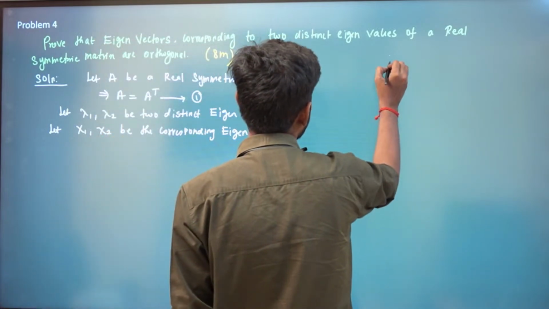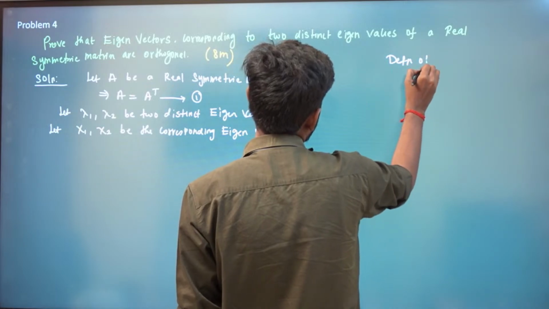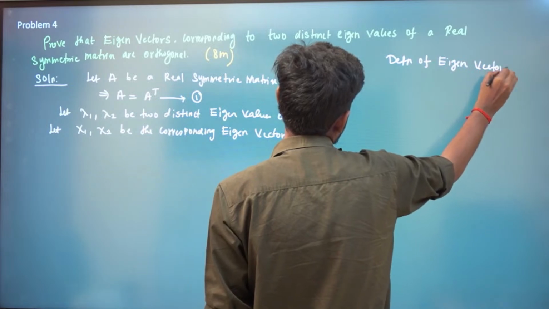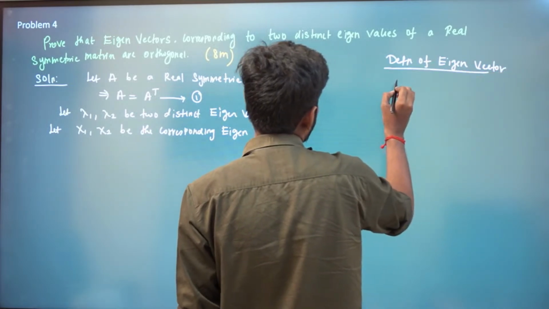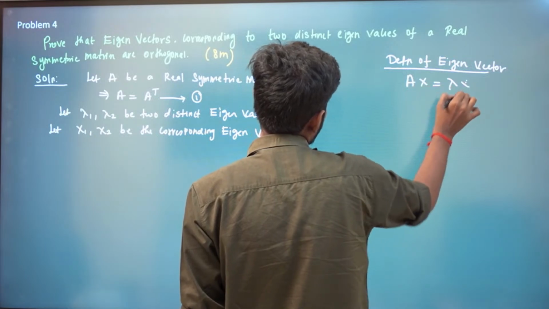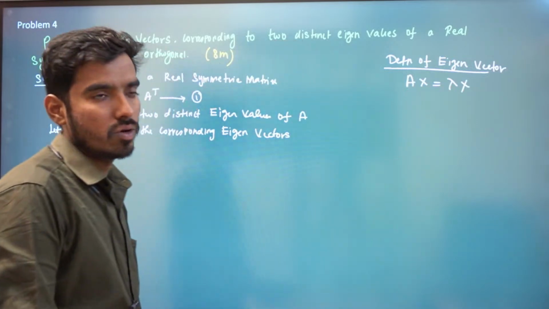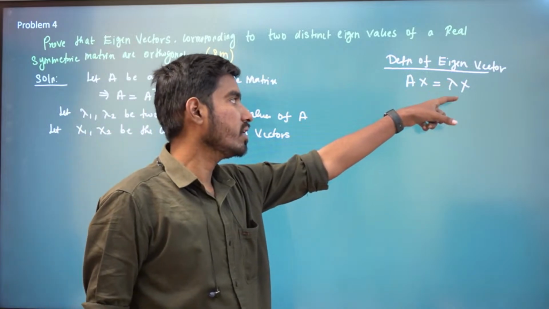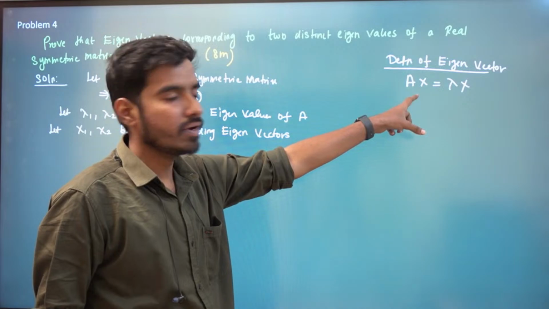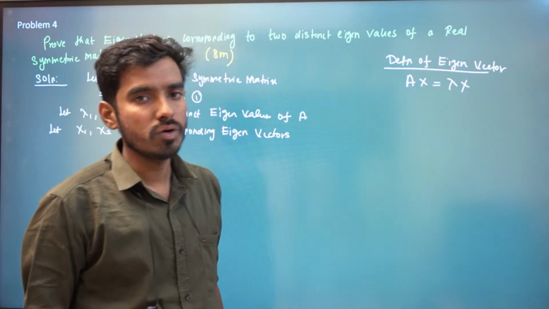What is the definition of an eigenvector? A non-zero vector x such that Ax is equal to lambda x. Lambda is our eigenvalue. A non-zero vector x corresponding to the eigenvalue lambda is called an eigenvector if Ax is equal to lambda x.